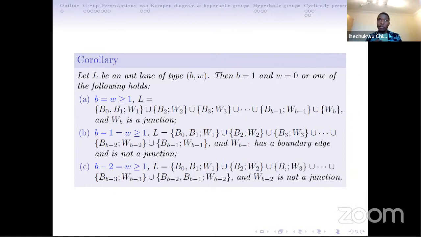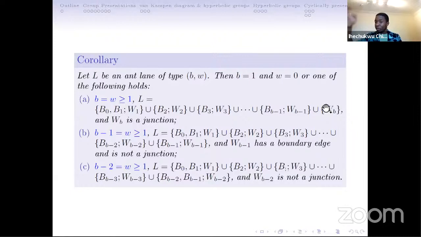And this will mean that maybe there is a boundary where it cannot cross, or there are black faces everywhere, so there is no white face to move into. That's the point. So you can have this possibility, but you can also have a possibility where the ant actually walks into a junction.